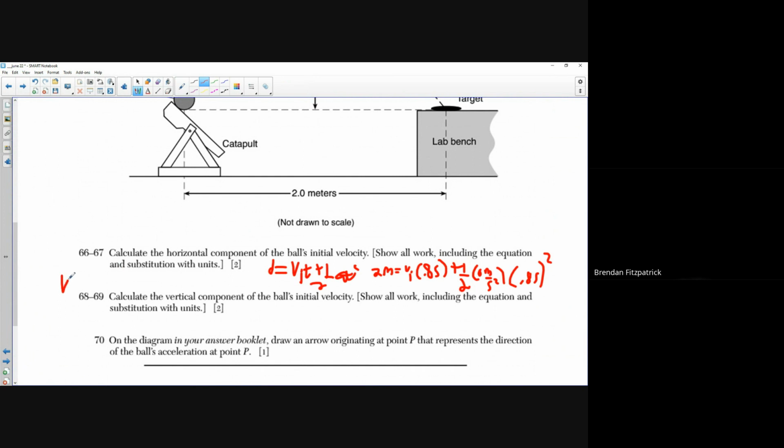So if I solve for vi, it's really just 2 divided by 0.8 to get 2.5.